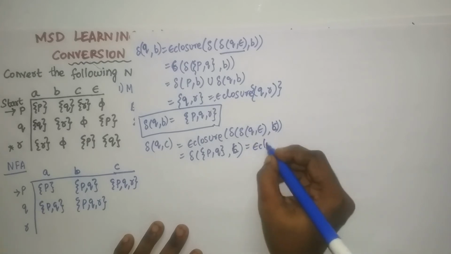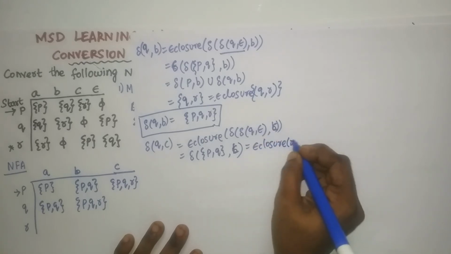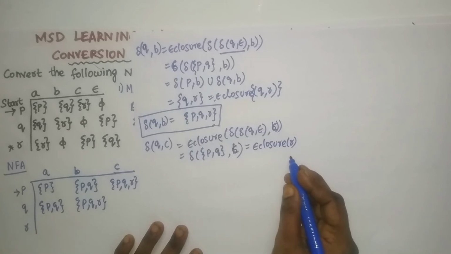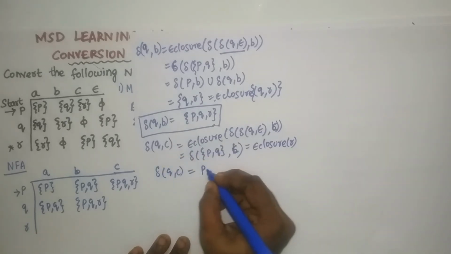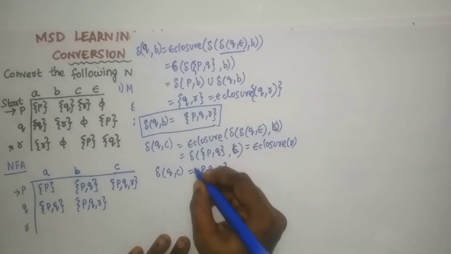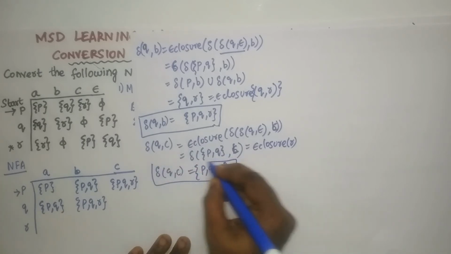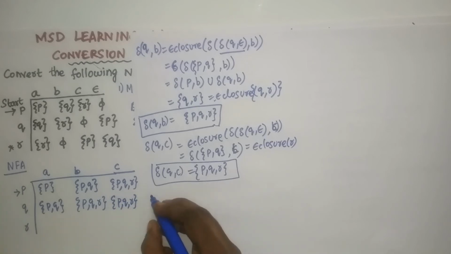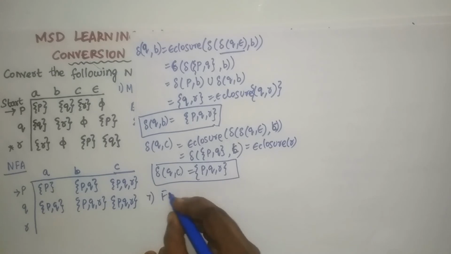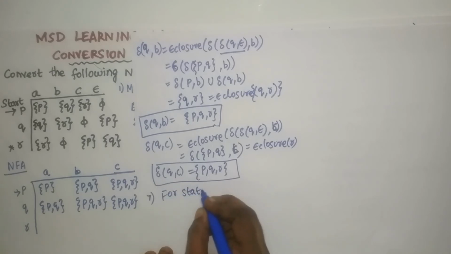So epsilon closure of the result, epsilon closure of R, is again {P, Q, R}. So δ'(Q, C) equals {P, Q, R}. So now we have completed for the state Q. So now the next step is for state R.